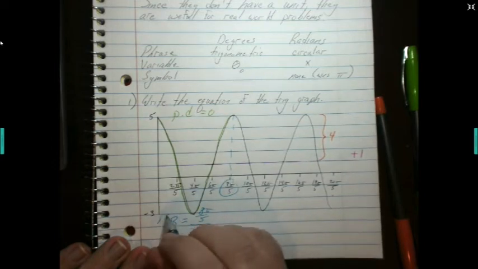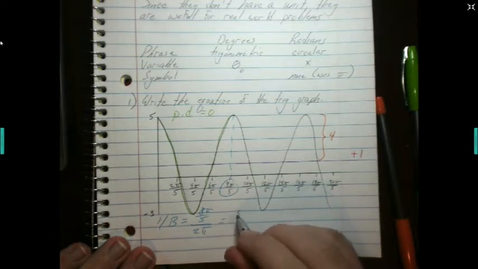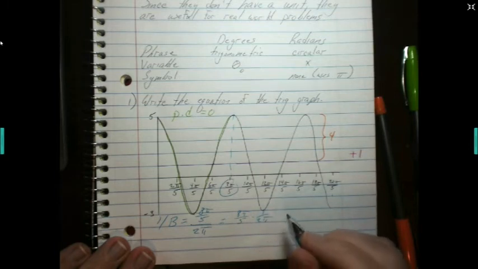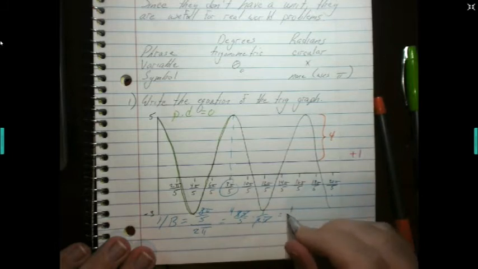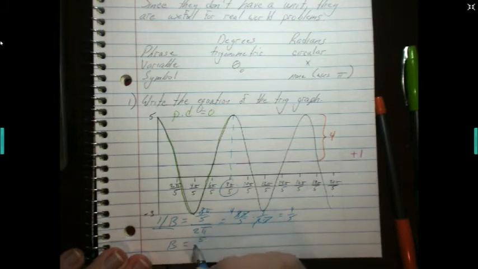Or rather, this is the 1 over b value. So that's just going to be 8 pi over 5 times this. Our pi values are going to cancel. This is going to be 4, that's going to be 1. So we're left with 4 over 5. Now I stated that's 1 over b. Remember, you got to flip it. So b is equal to 5 over 4.